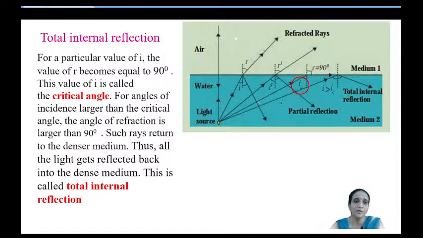For angles of incidence larger than the critical angle, the angle of refraction is larger than 90 degrees. Such rays return to the denser medium. Thus, all the light gets reflected back into the denser medium, and this is called total internal reflection.